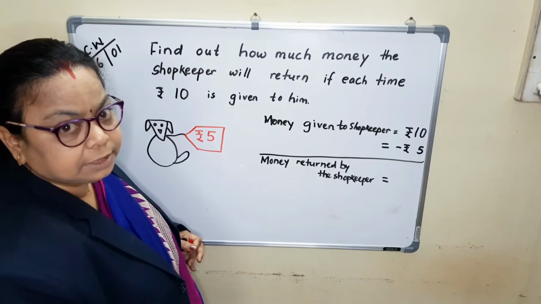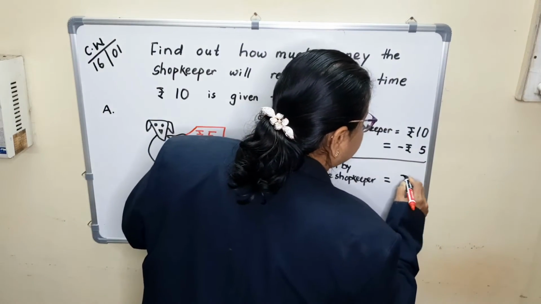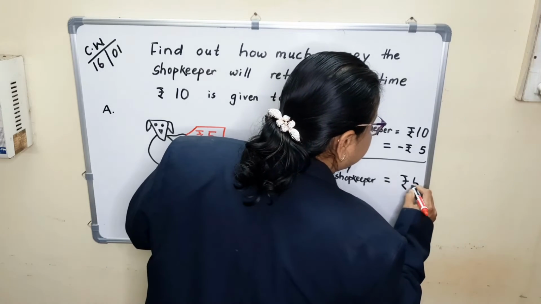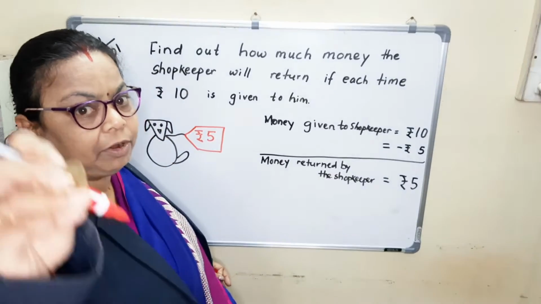So it is 5 rupees. He returns the 5 rupee, children, a 5 rupee coin.